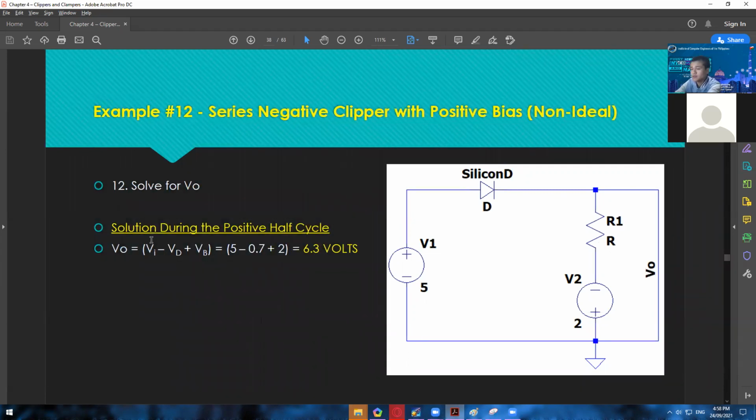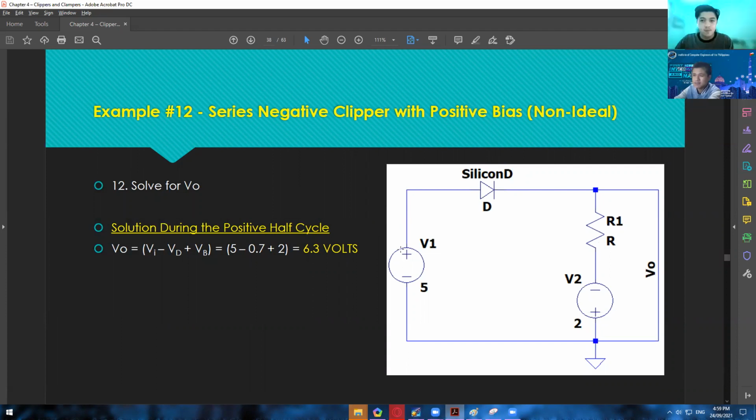So in here, solution during positive half cycle. So ito, same na same lang sa examples natin kanina. So positive is connected to positive and then negative is connected to negative. So all throughout this will become a forward bias. Okay, and as a result, we have to consider everything. And again, so pipili lang kayo kung ano yung flow of current.